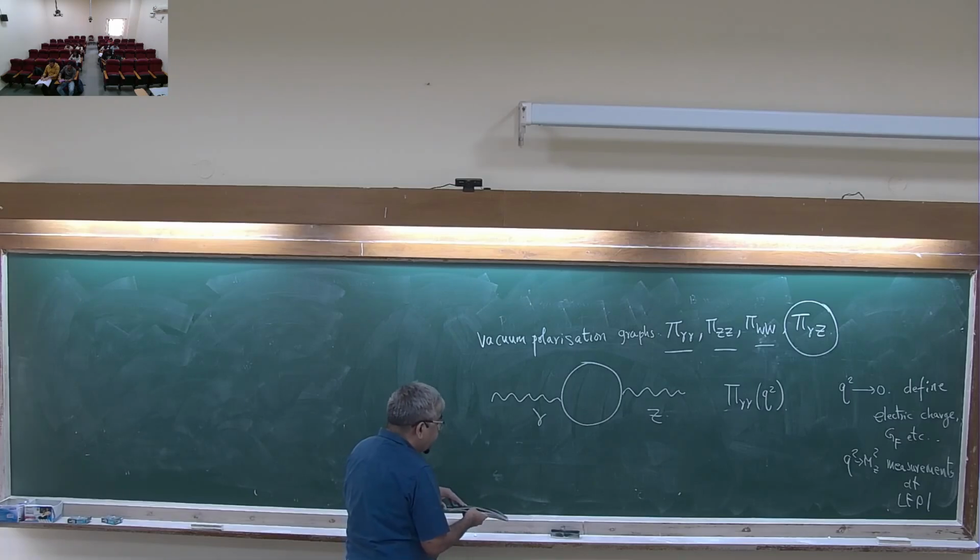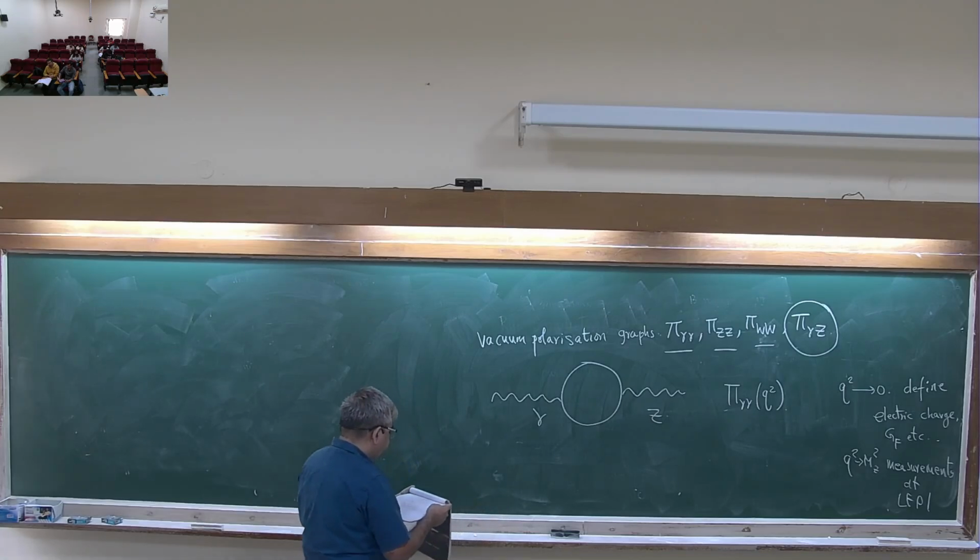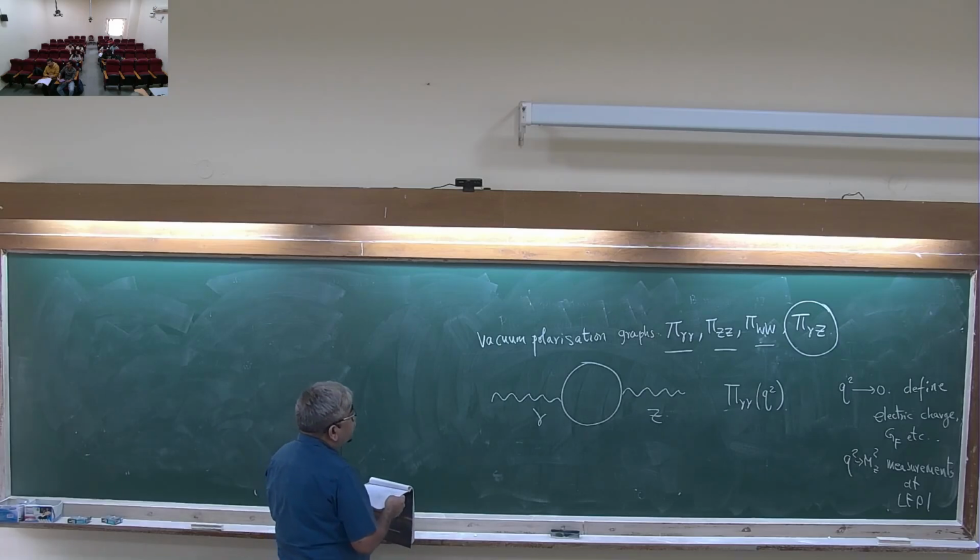So these are one thing, and then there are the mass corrections. These are the self energy diagrams.